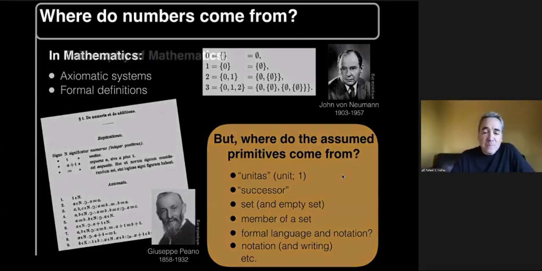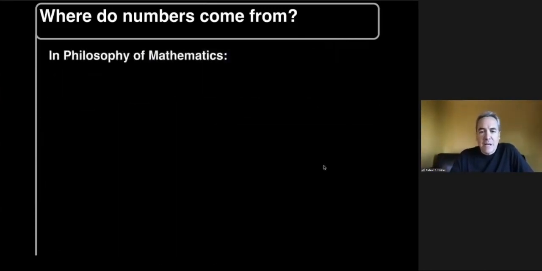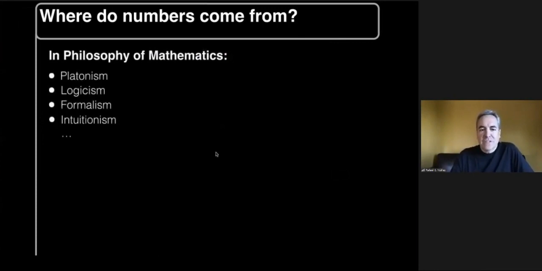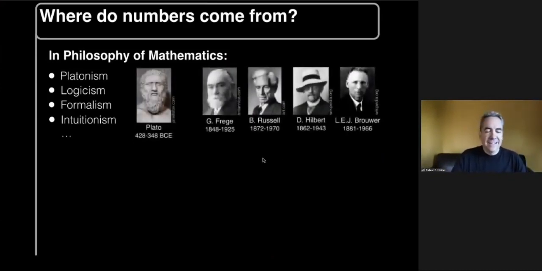Anyway, in philosophy of mathematics, the most classic approaches you would have are Platonism, logicism, formalism, intuitionism, based on the usual suspects from Plato all the way to Frege, Russell, David Hilbert, or Brouwer.